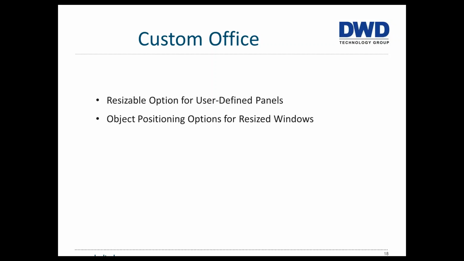Most of the windows that we already see in the software, all of the Sage baseline screens, have the ability to be resized. Now, if we create our own panels, we have that ability, and we can also make sure that the objects we place on those screens will position themselves properly.